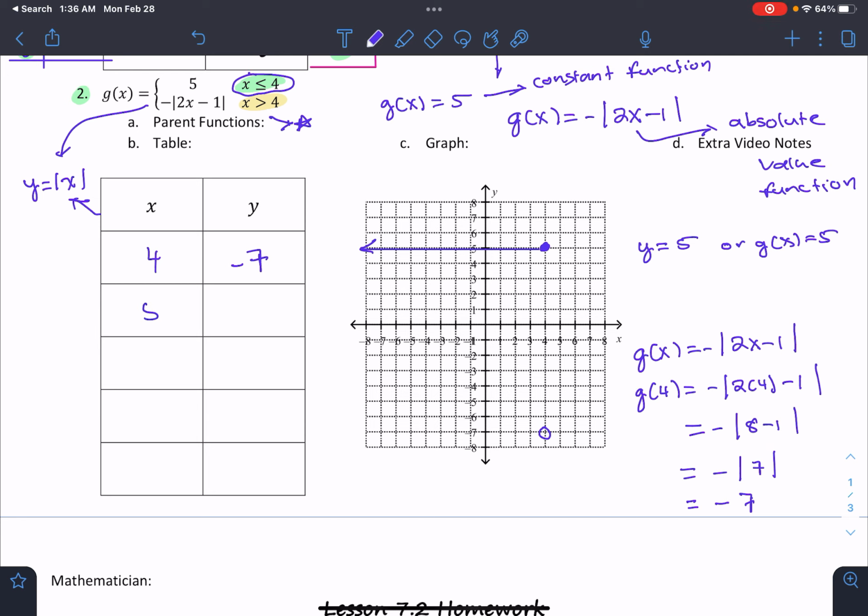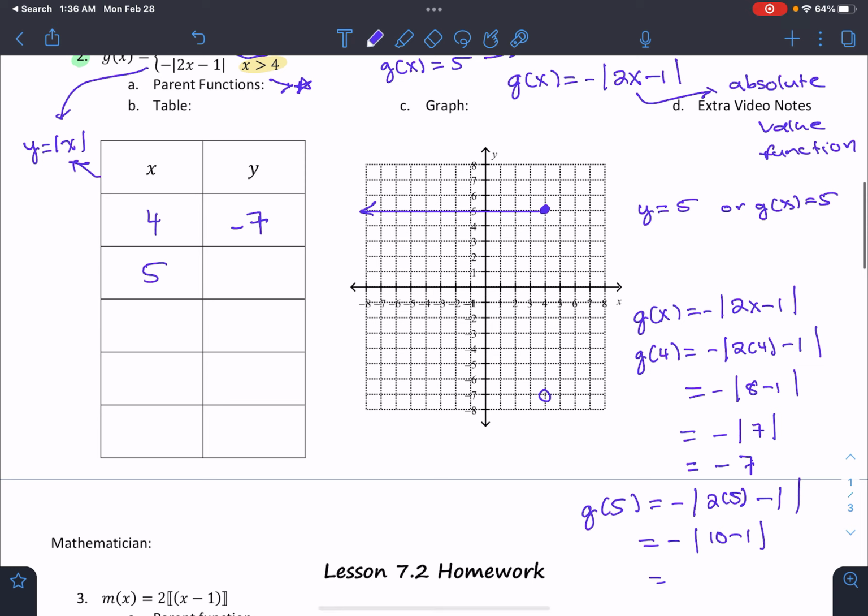So let's go ahead and do 5. If I do 5, that's going to be 10 minus 1, and I get negative 9. As you can see, I'm running out of space a little bit on my graph, but just extend it, no big deal.